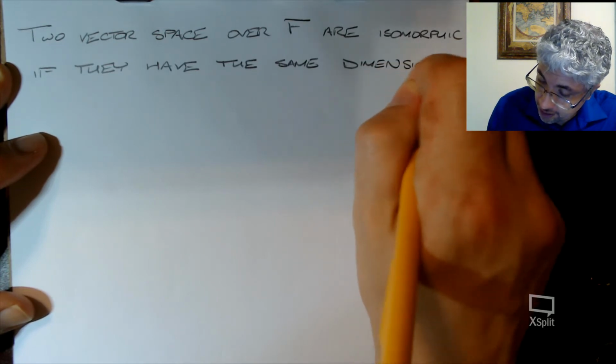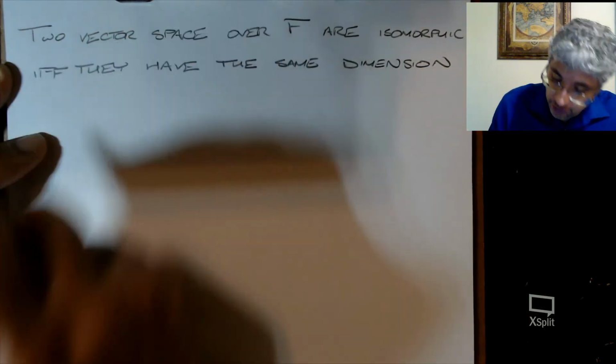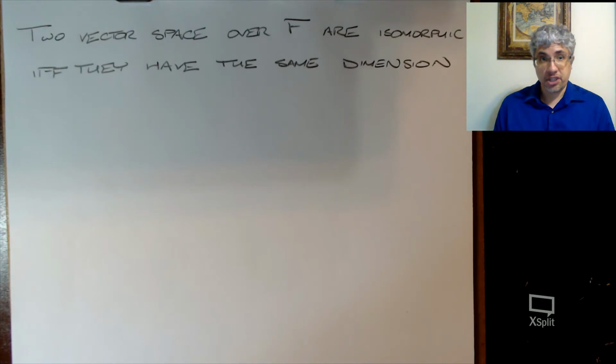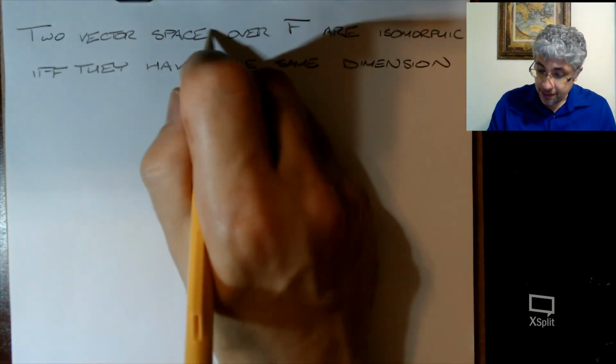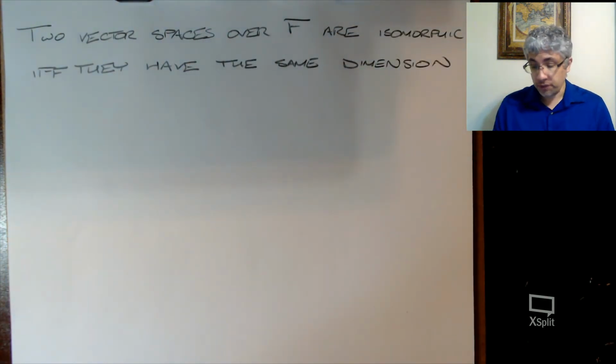But even better than that, if and only if. This goes in both directions. So two vector spaces over our field are isomorphic if they have the same dimension, and if they have the same dimension, then they are isomorphic.